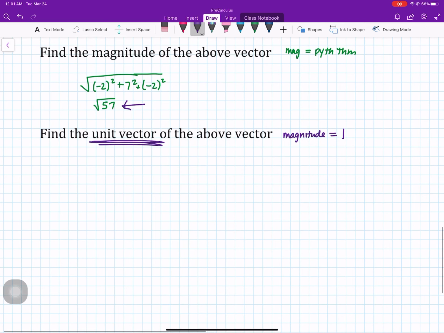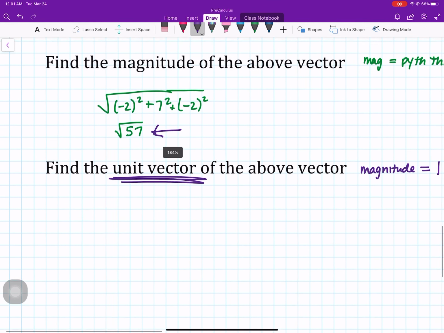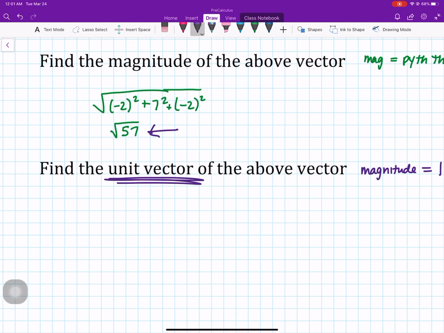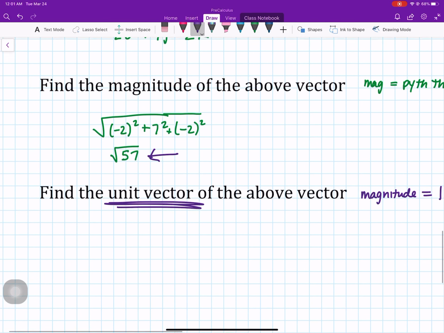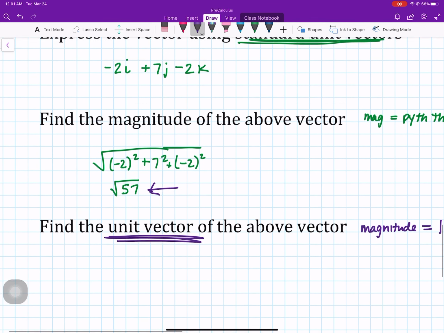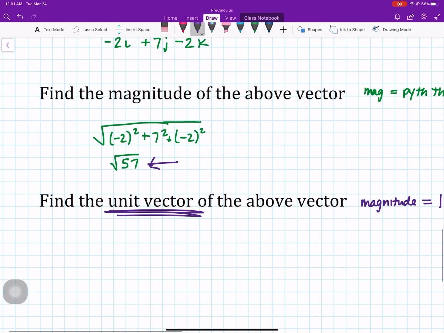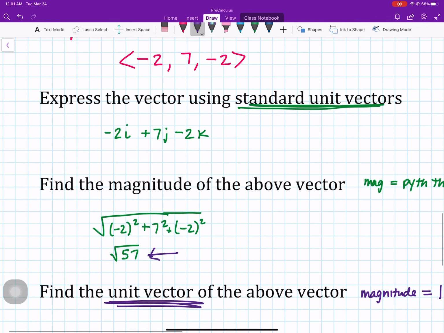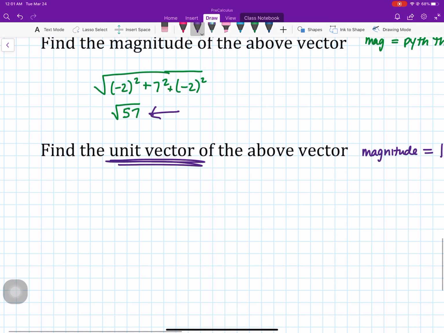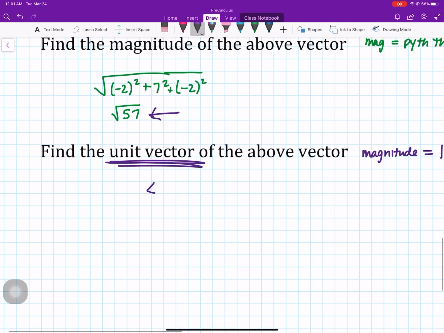And the easiest way to make it be 1 and maintain the same direction and the same angle that it makes with the axis and all that kind of stuff is to take the original vector, which we found up here, negative 2, 7, negative 2, and then divide it or multiply by 1 over its magnitude.